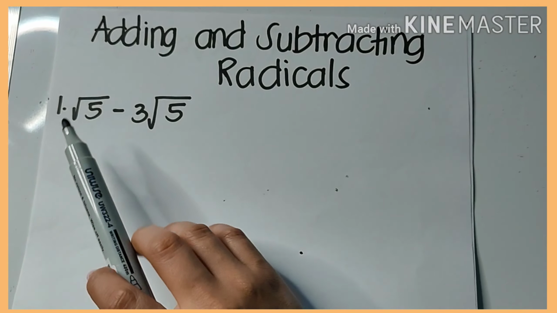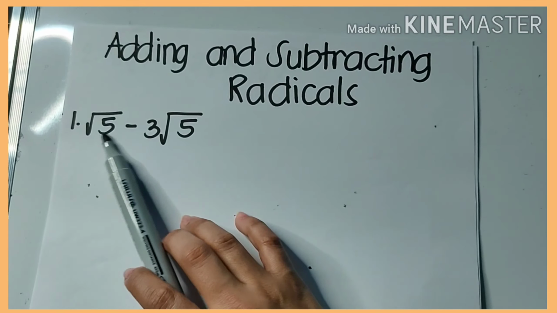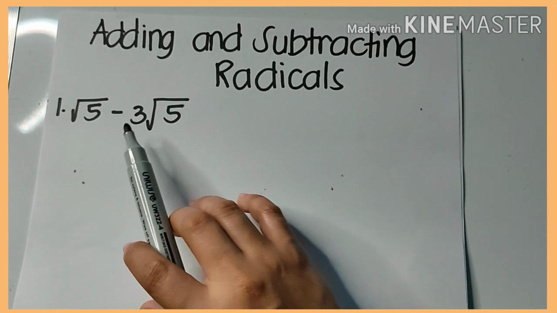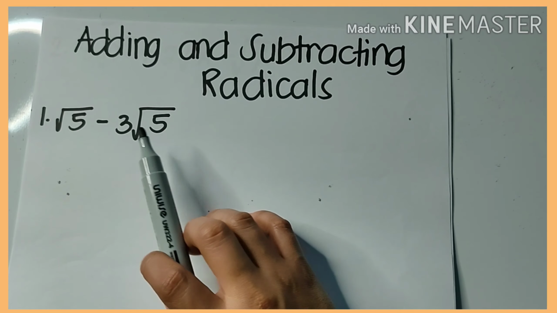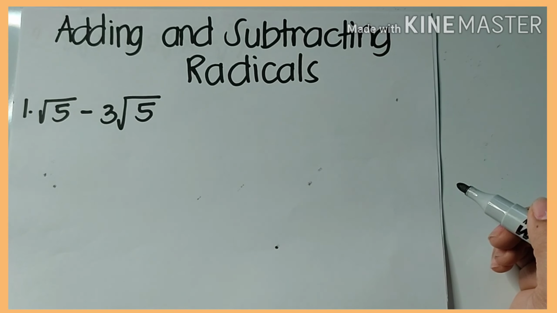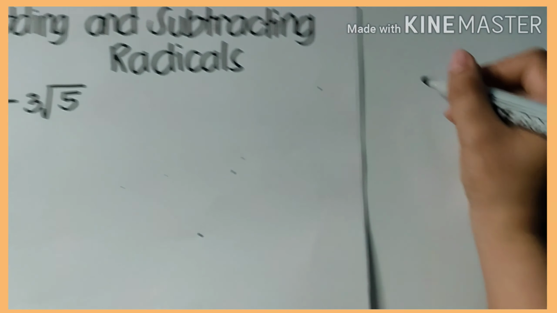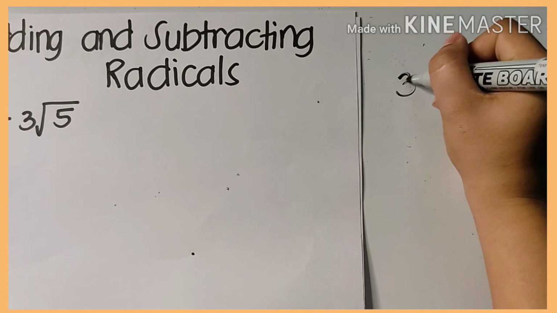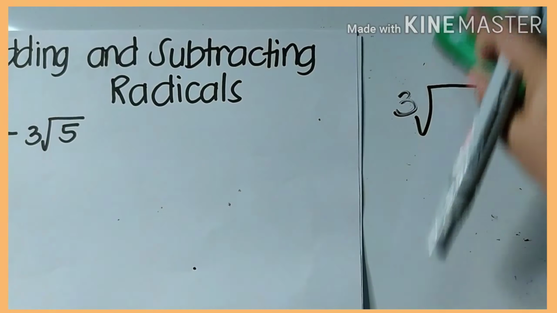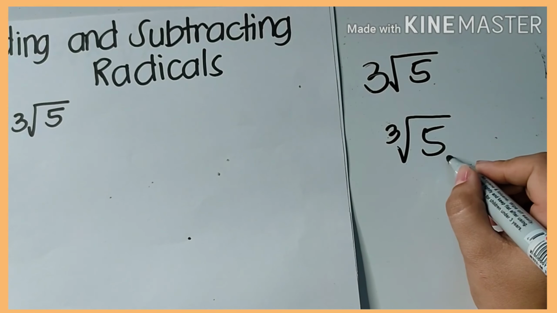So let's go to adding and subtracting radicals. I have the radicals square root of 5 minus 3 square root of 5. Always consider that this one is the numerical coefficient, and remember that the numerical coefficient is different from the index. For example, I have here 3 square root of 5, and this one is the cube root of 5.